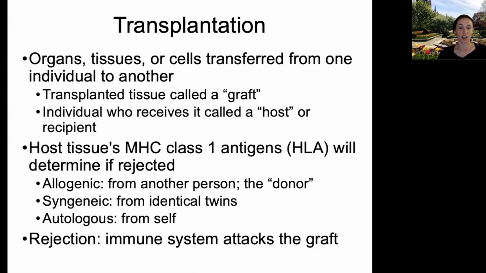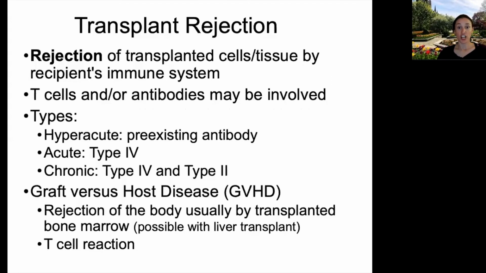Rejection occurs when the immune system attacks that graft. Rejection of those transplanted cells or tissue by the recipient's immune system can occur. T cells and antibodies may be involved. The types include hyperacute, which means they have a pre-existing antibody to it.